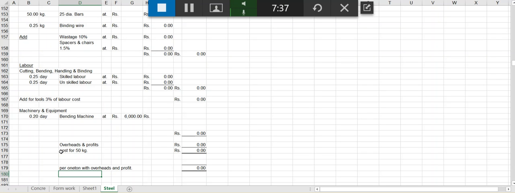And then you need to find out the rate as well. That is all about reinforcement. There is no big difficulty when you are doing the calculation. The only thing is you need to understand the work item well. What is the process?